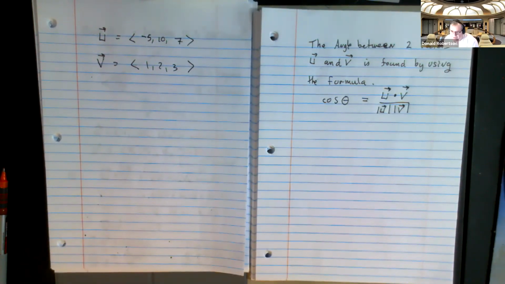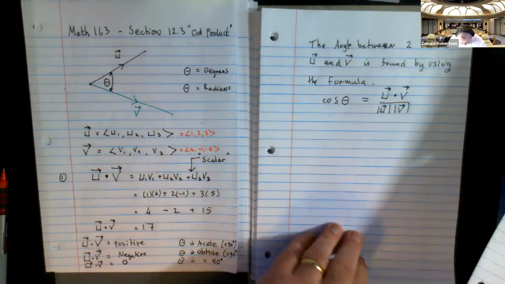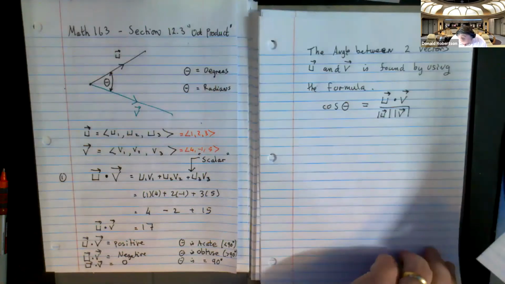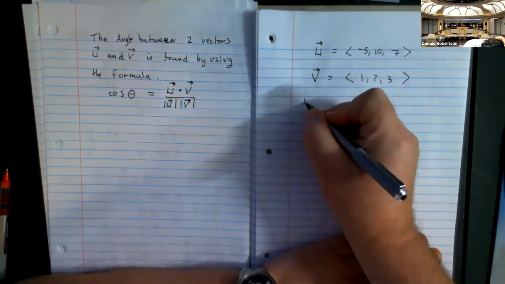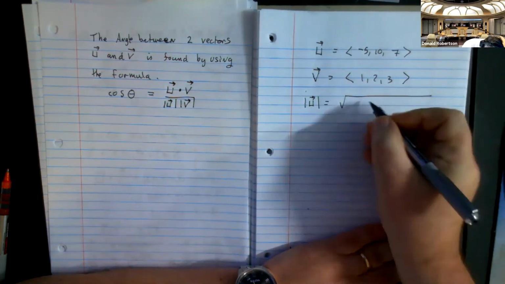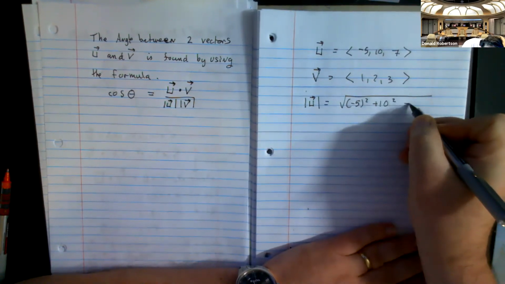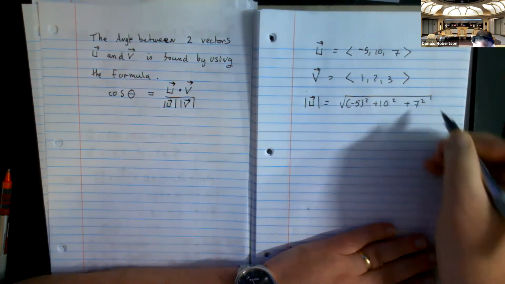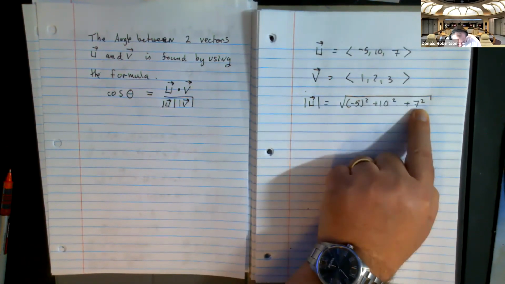And typically in these questions, you're going to be given the components. So I'll switch places now and we'll look at how to use this formula. Well, I need to know the magnitude of u. So that's going to be -5 squared plus 10 squared plus 7 squared. That's 25 and 49.